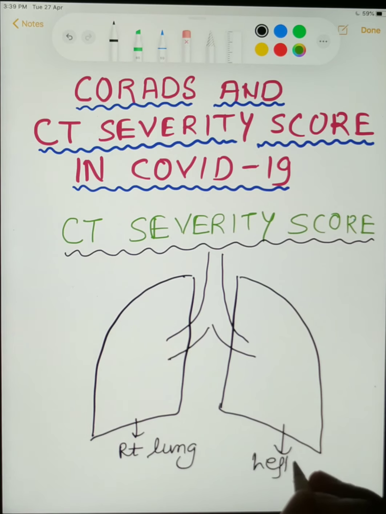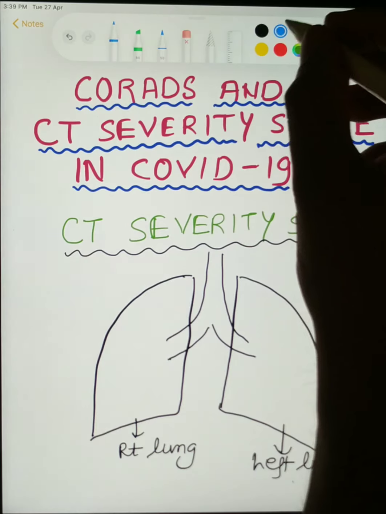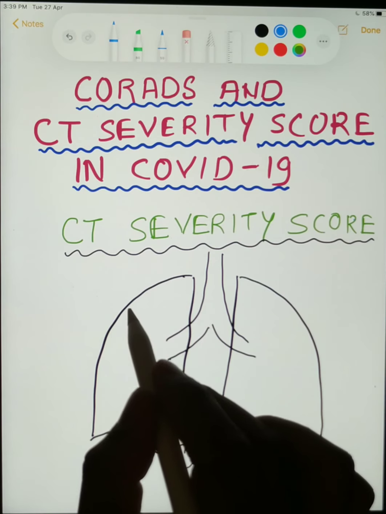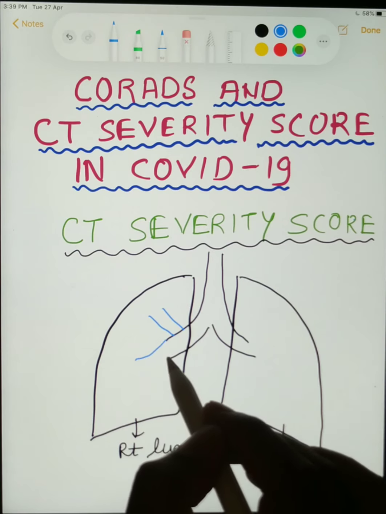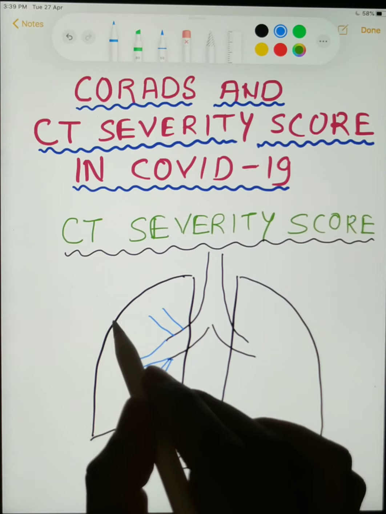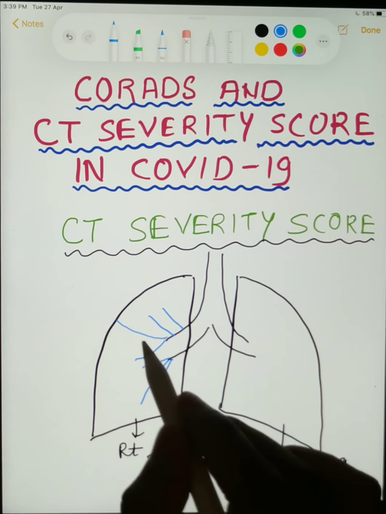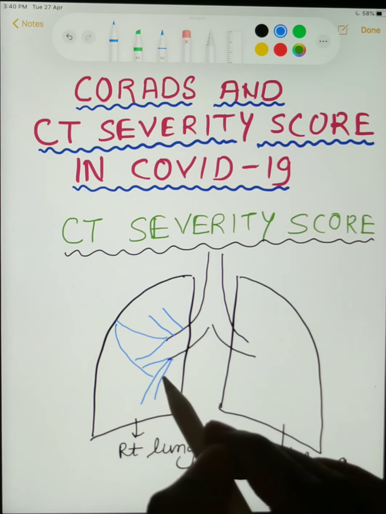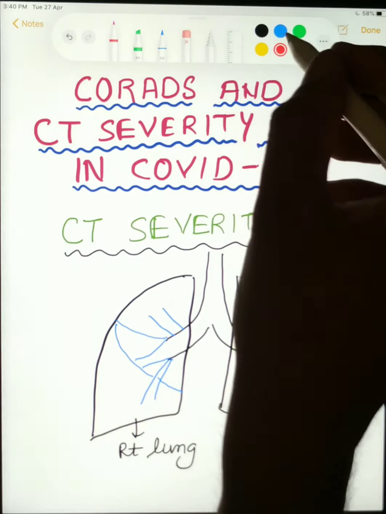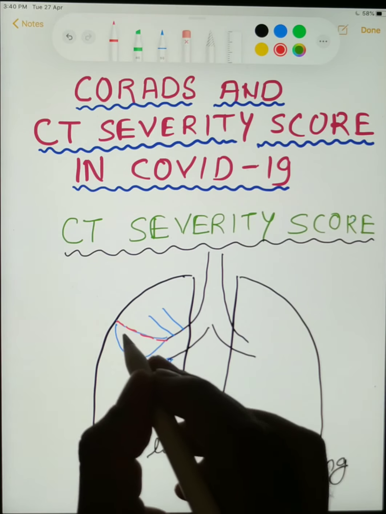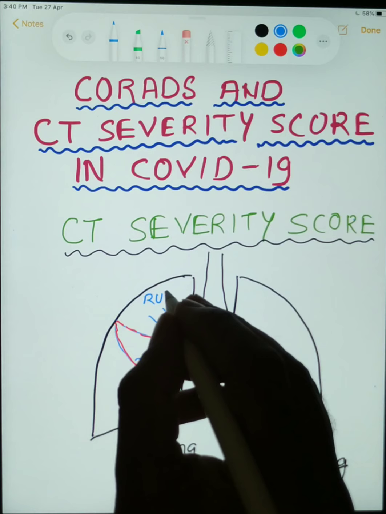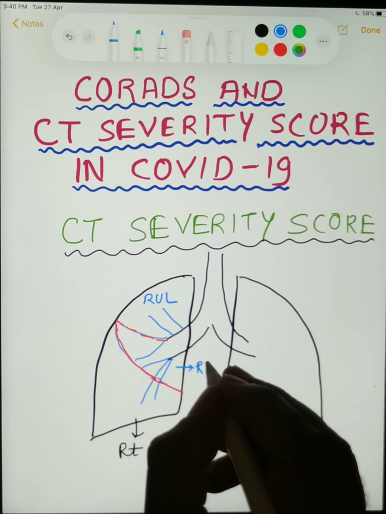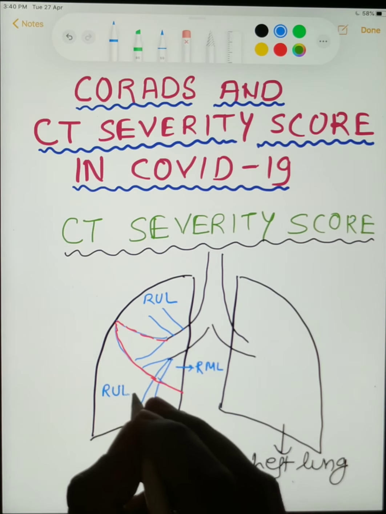Right lung has 3 lobes: this is right upper lobe, right middle lobe and right lower lobe.